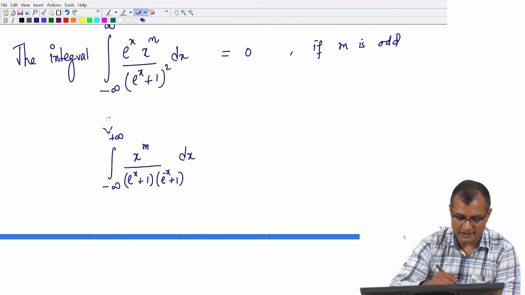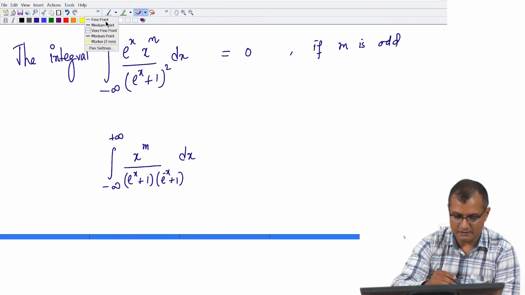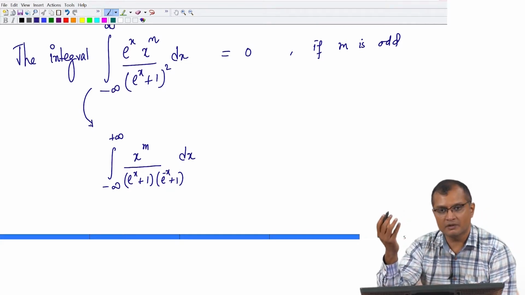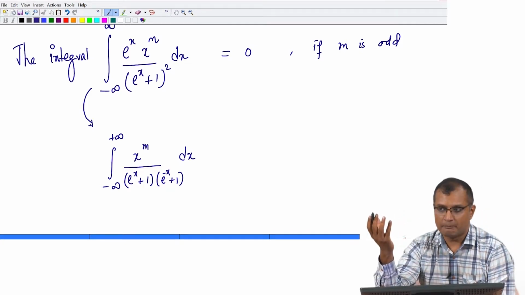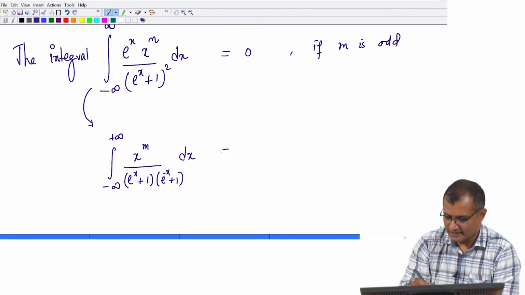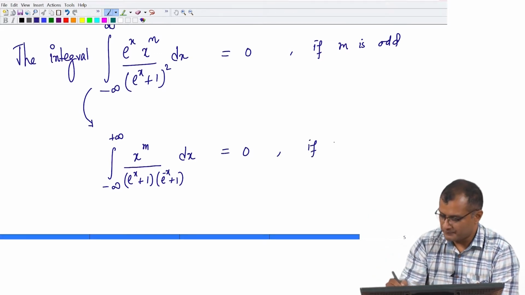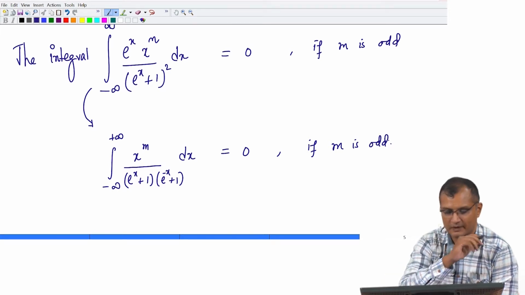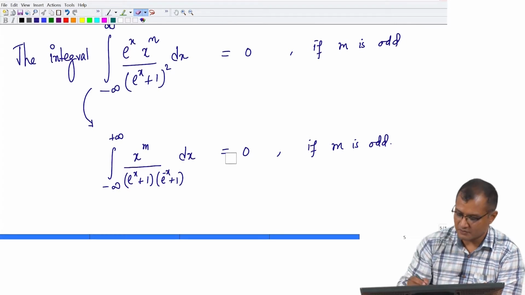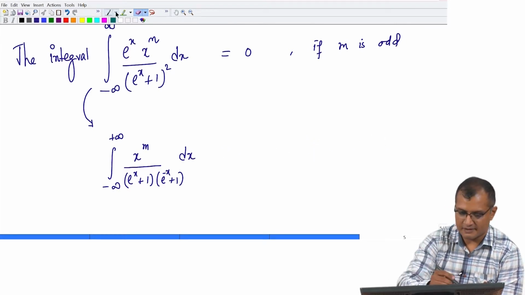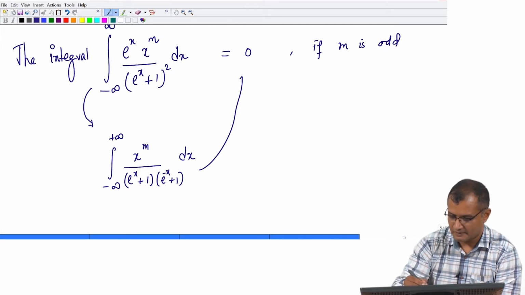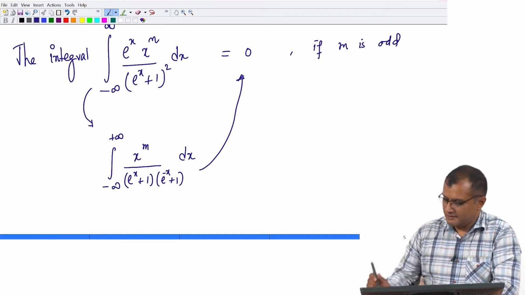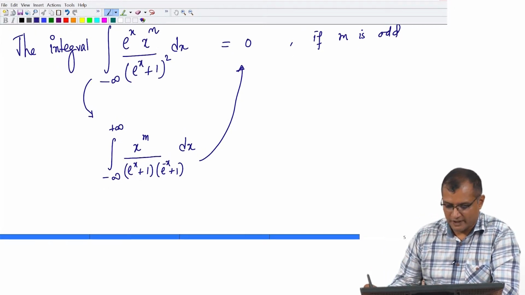Okay. Now, you can see that the evenness or oddness of this integral depends entirely on the value of m. Okay. So, I can say that this is 0 if m is odd, okay, or you can just say that since these are the two same integrals, this is the answer to this is nothing but this. Okay. So, we just have to compute for values of m which are even now.